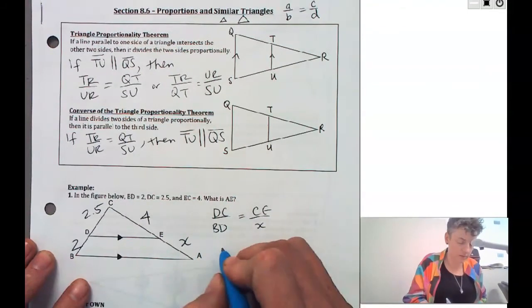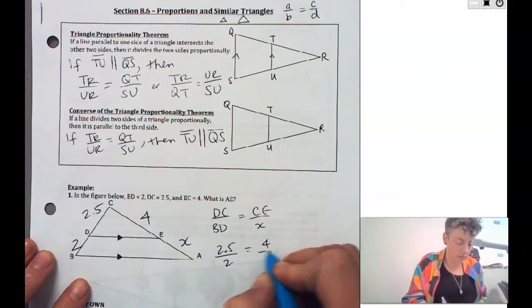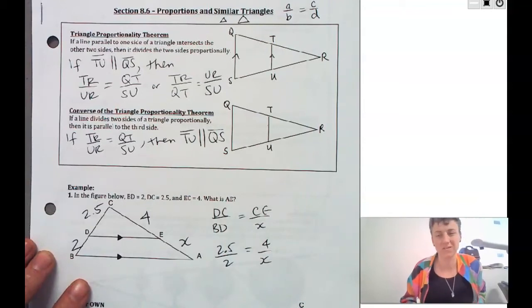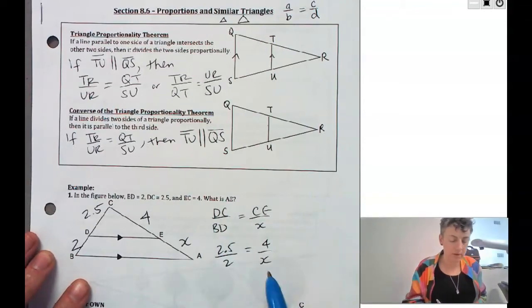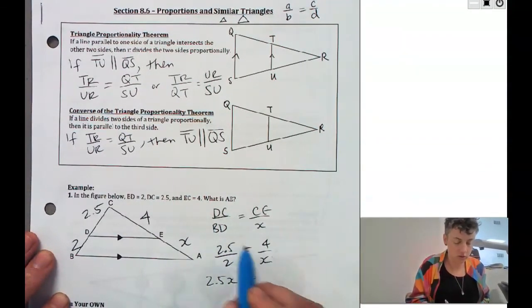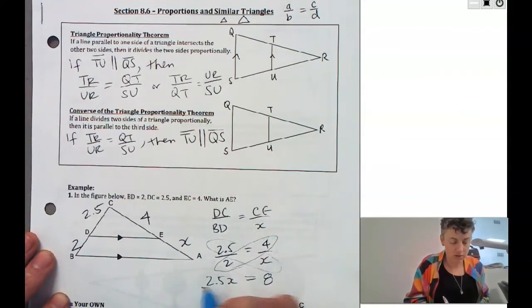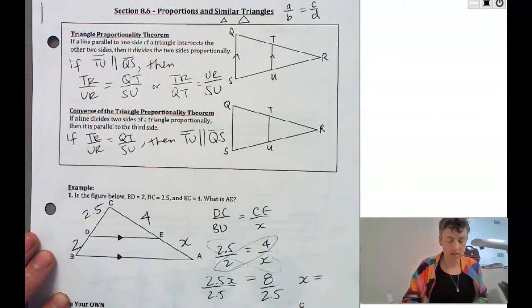Let's plug some stuff in. 2.5 over 2 equals 4 over X. And you guys know what to do here. We're going to cross multiply. X times 2.5 is 2.5x equals 2 times 4 is 8. And then we do a little division. 8 divided by 2.5 is going to give us x.